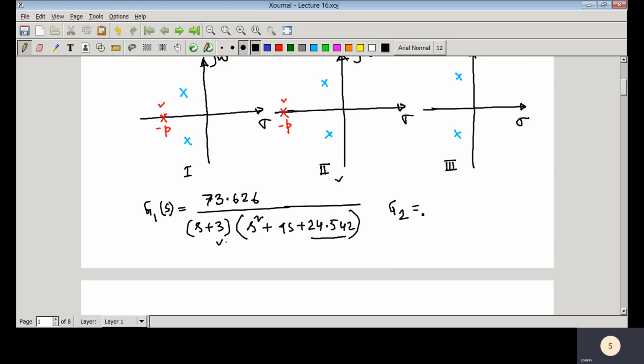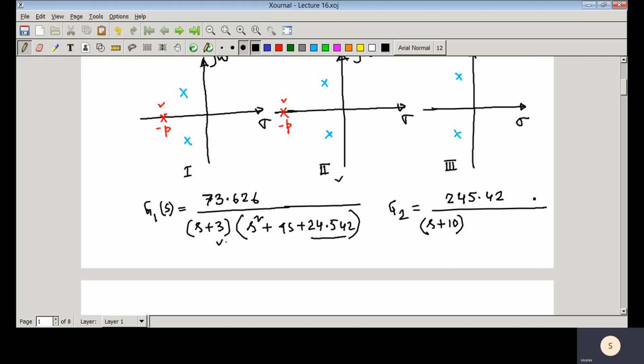Then we take another transfer function, G2. For the G2 case we have shifted the pole towards the left. That means the introduced pole is far away from the origin.